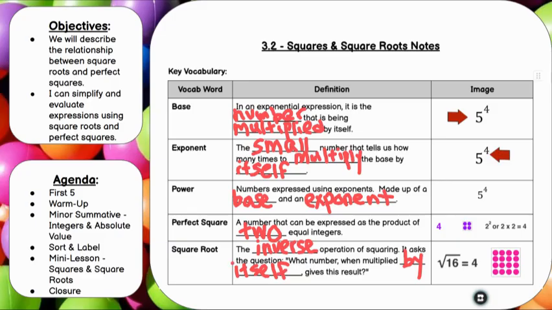So looking at that example, that's the square root of 16. So we can ask ourselves what number times itself would give us 16. We can also look at that perfect square. That perfect square has 16 pink circles. And we can look at each side of that square, and each side of that square has 4. So the square root of 16 is 4.